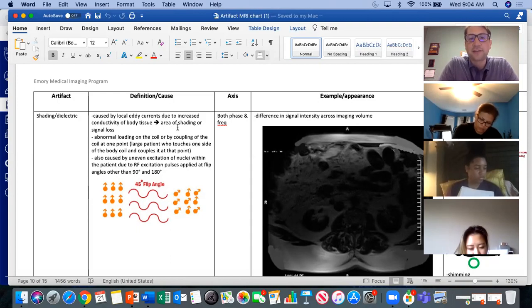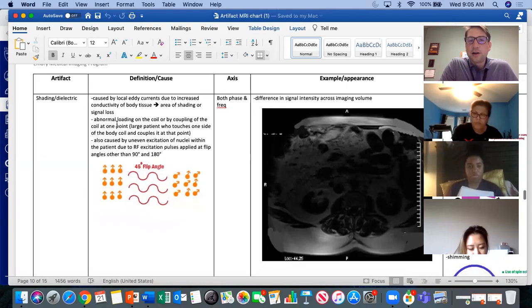These artifacts look like areas of shading or signal loss. This can also be caused by abnormal loading on the coil or by coupling the coil at one point. Let's say a large patient touches one side of the body coil and couples it at that point.